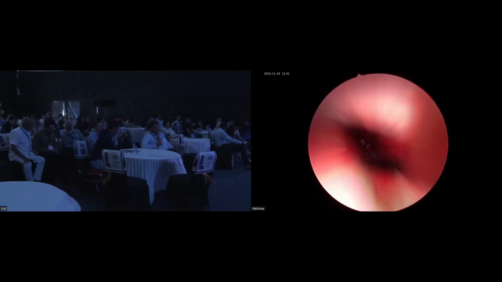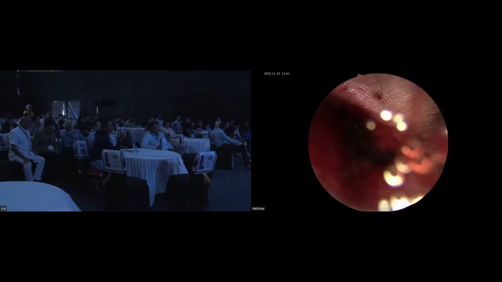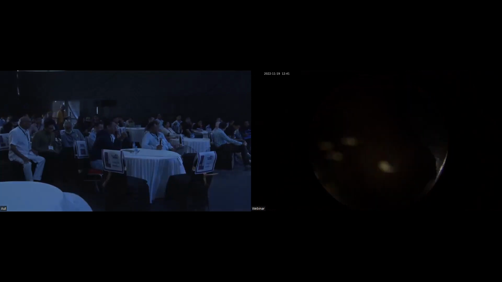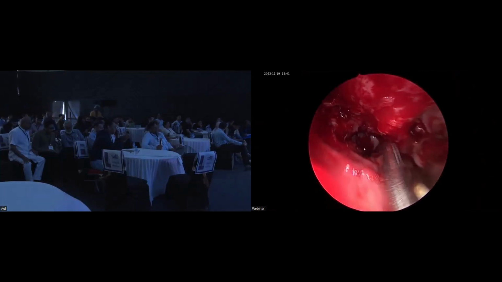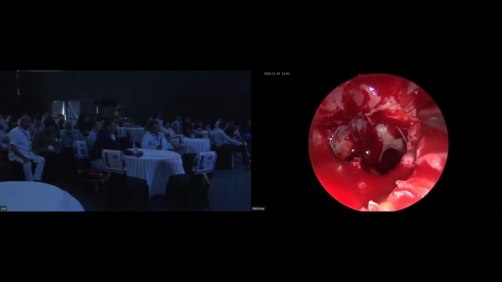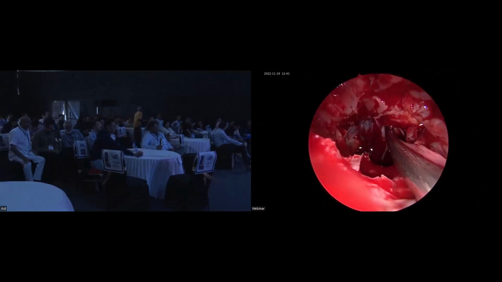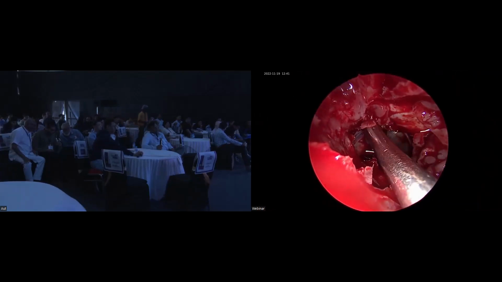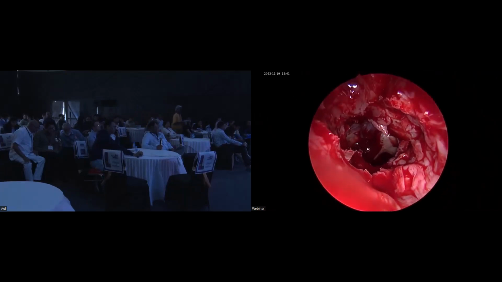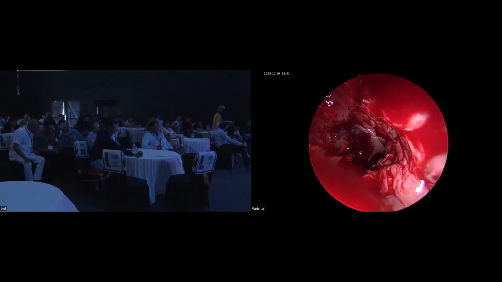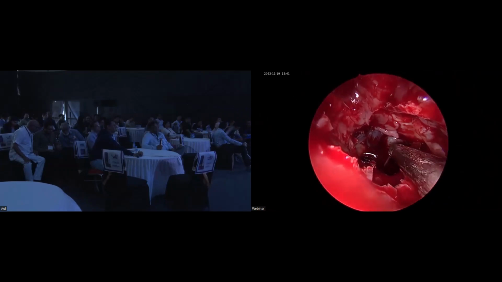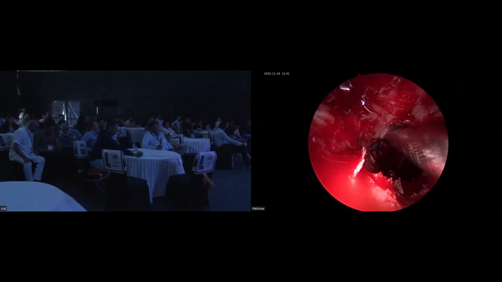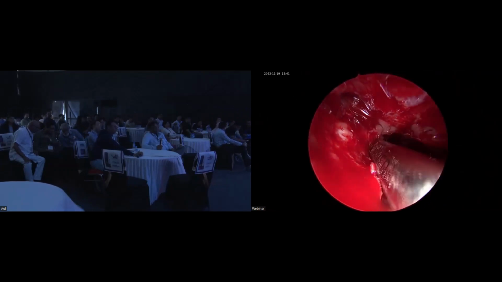Suction, please. All this disease has to come out, straight debrider. But once you know the landmarks, then you can very easily remove the polypoidal tissue.